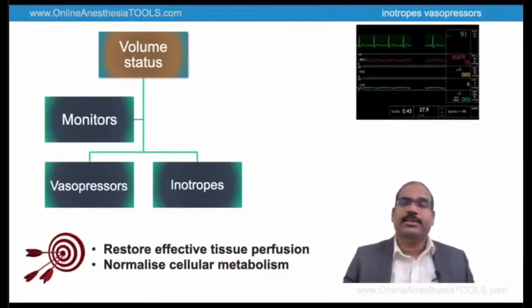Our target is to restore effective tissue perfusion and normalize cellular metabolism. As it's always said, try to simulate normal hemodynamics or normal physiology as far as possible until we cure the primary insult.